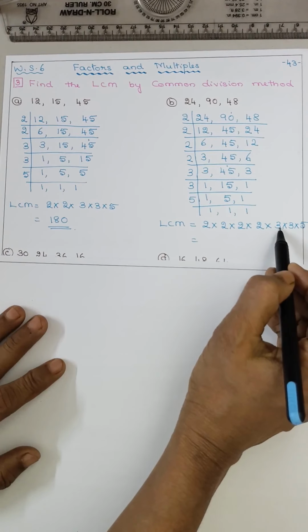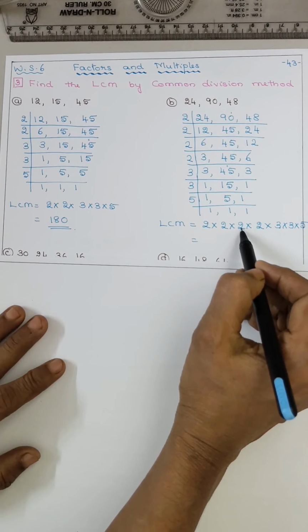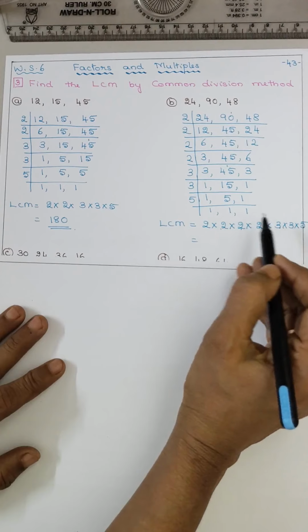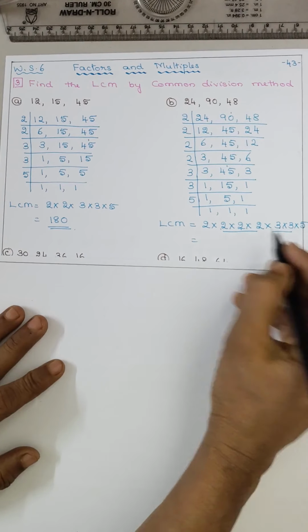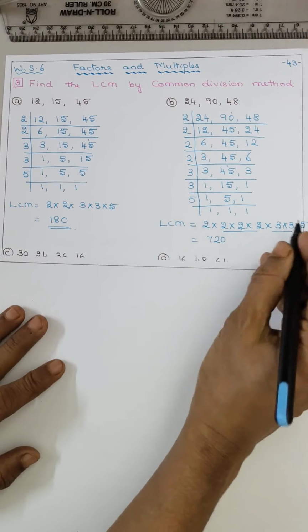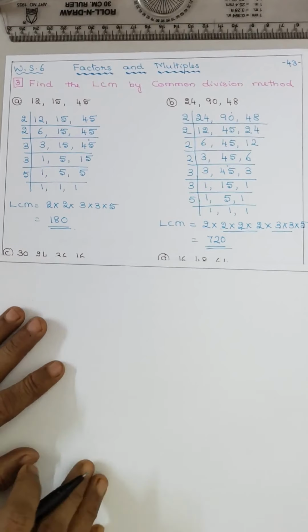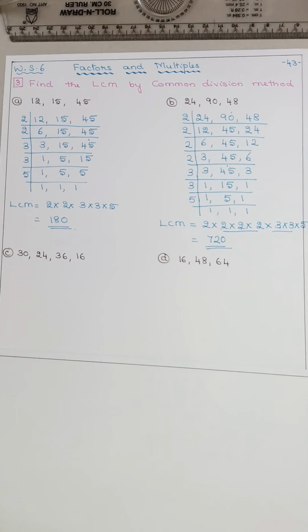Now 3 3s are 9. 2 2s are 4, 4 2s are 8, 8 9s are 72, and 10, 720. Okay. LCM, it will be a bigger number, remember.